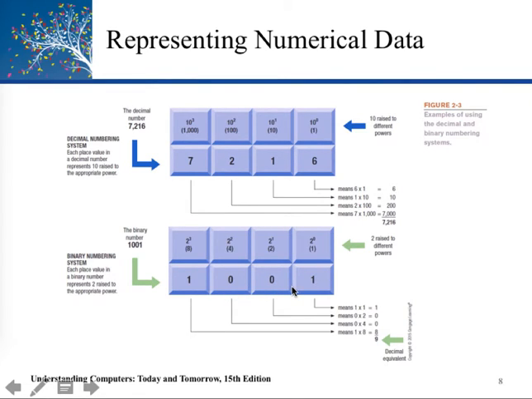So we can represent the same amount of numbers. It's just that we can only have 2 symbols to do this representation instead of 10 symbols like we have in base 10. This is not an easy task to learn. This is probably very new to you. You don't have to become an expert in binary.